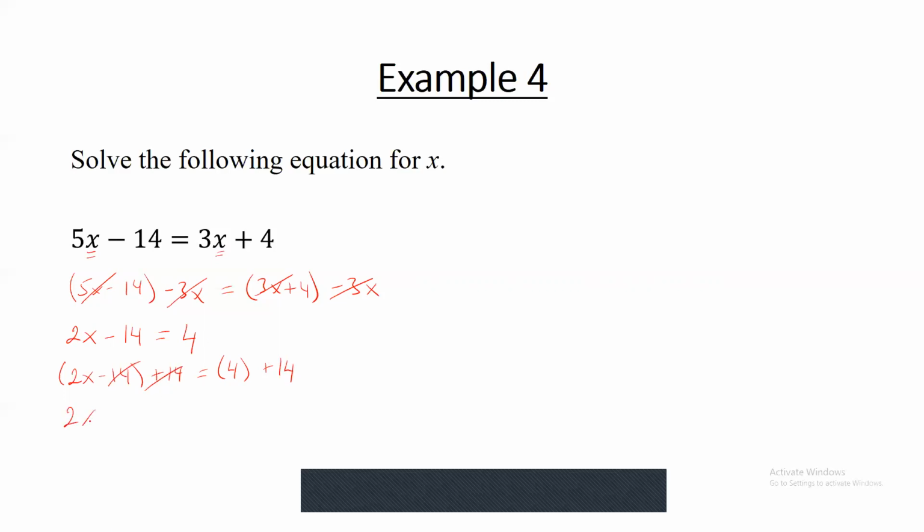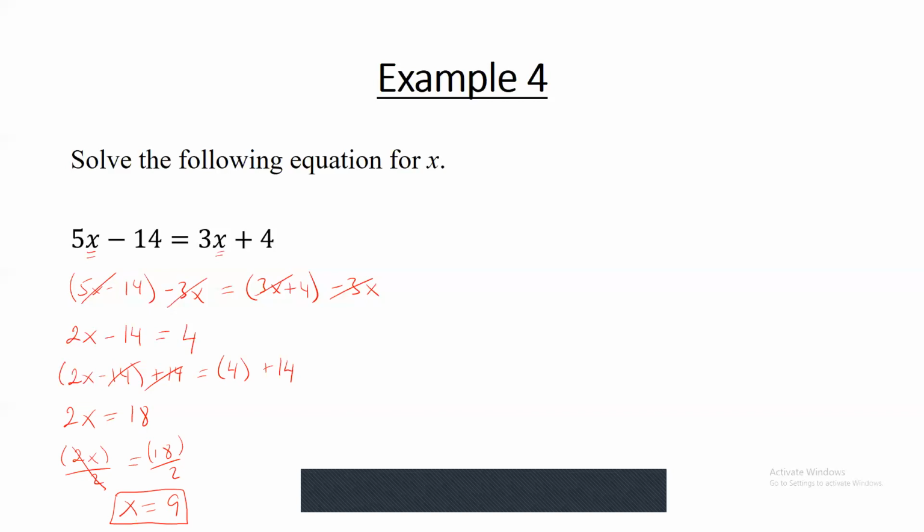That leaves us with 2x equals 4 plus 14, which is 18. And now, since x is being multiplied by 2, we are going to divide both sides of the equation by 2 to undo the multiplication. And our answer is x equals 18 divided by 2, which is 9.